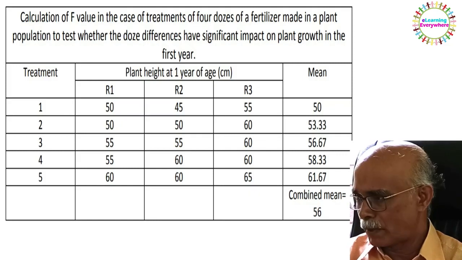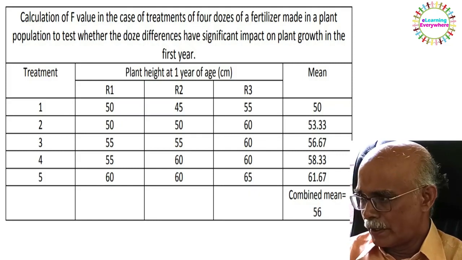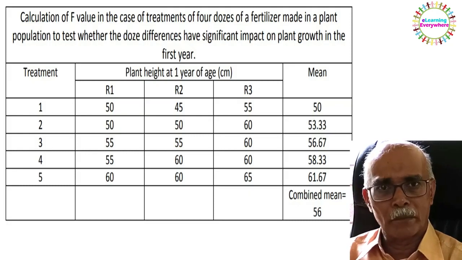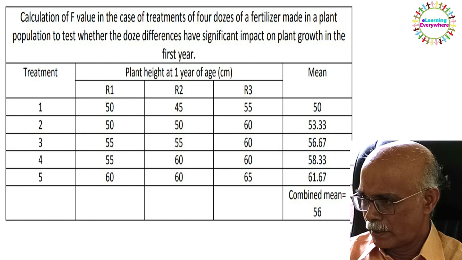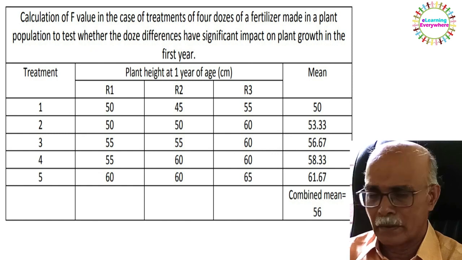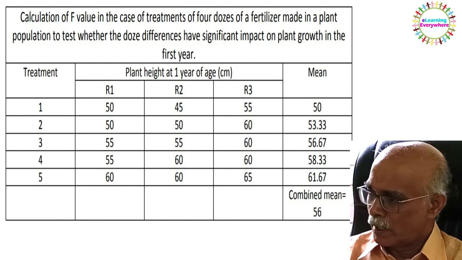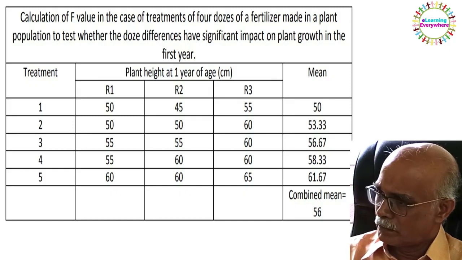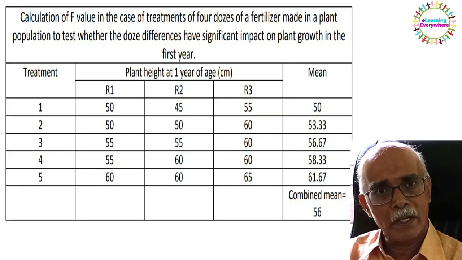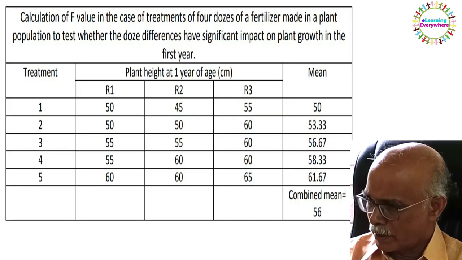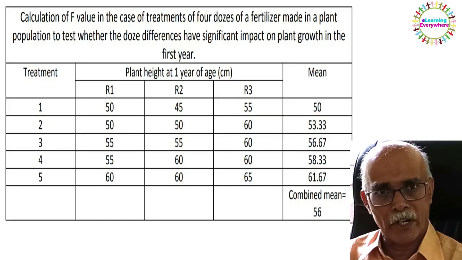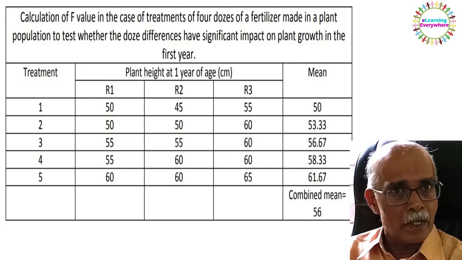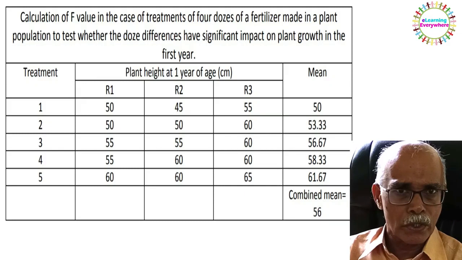Several seedlings have been planted, and you are dividing the plot into different blocks, and in each block you are giving a particular treatment. For example, you can say there are 5 treatments, treatment 1, 2, 3, 4 and 5. Let it be different doses of a fertilizer.